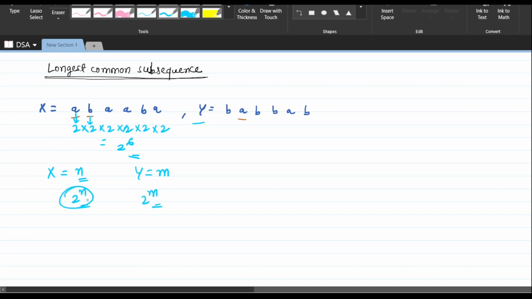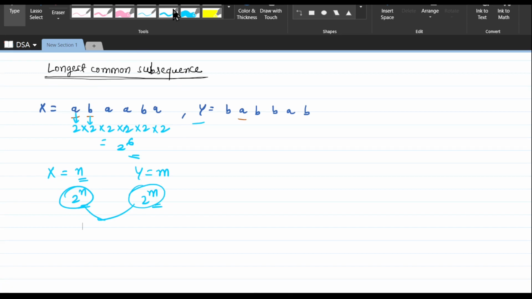Then after finding all the subsequences, we have to find the common subsequences, and among all the common subsequences, find the longest. This will be a very tedious task using the brute force approach, because it is taking exponential time. So we want to avoid it.